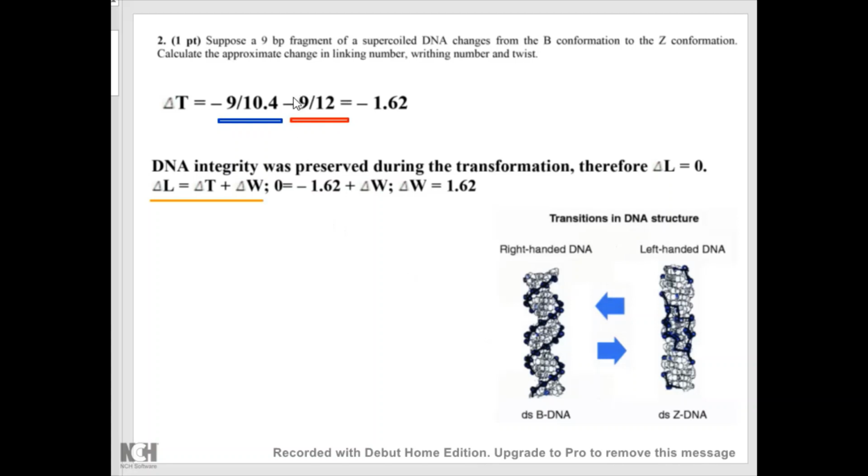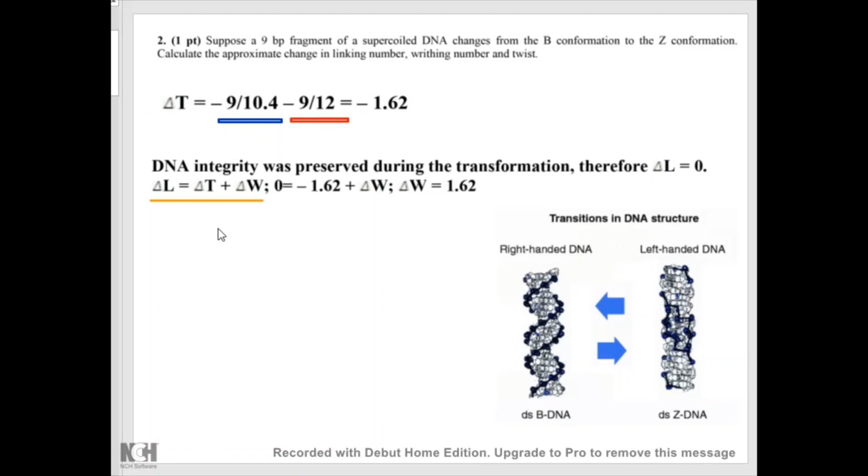And then this term comes with winding of straight parallel DNA into left-handed DNA. So 9 divided by 12 comes from 9 base pairs and 12 base pairs per turn. So when we add these two terms, we get negative 0.62. That's the change in the twist.